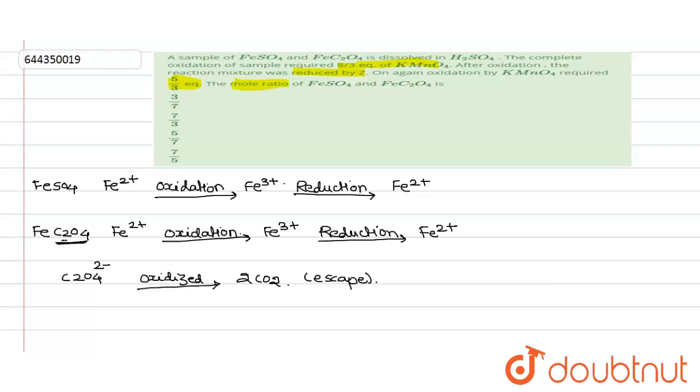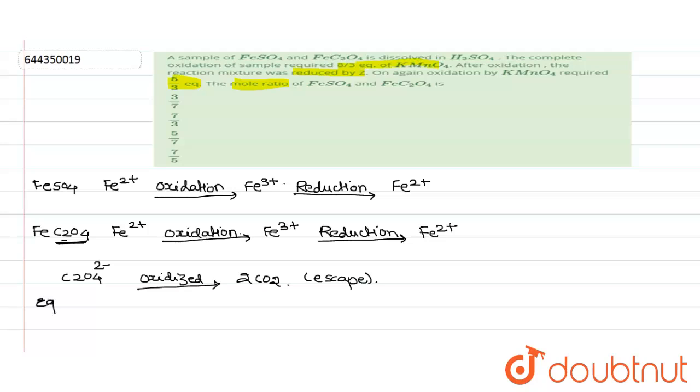For finding the mole ratio, the question says a sample of FeSO4 and FeC2O4 is dissolved in H2SO4. The complete oxidation of the sample required 8 by 3 equivalent of KMnO4. So here, complete oxidation of FeSO4 and FeC2O4 required 8 by 3 equivalent of KMnO4.